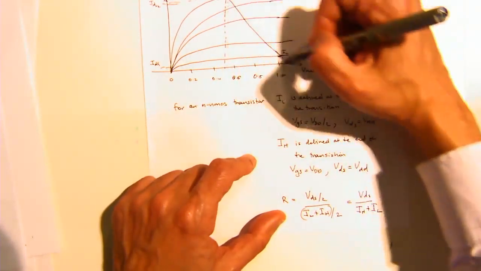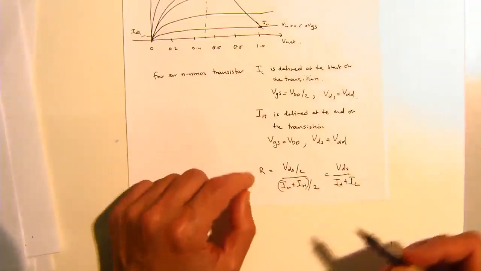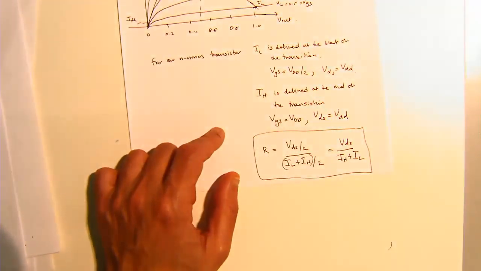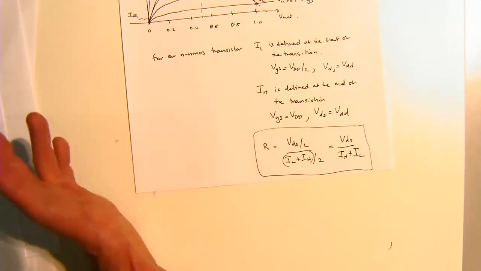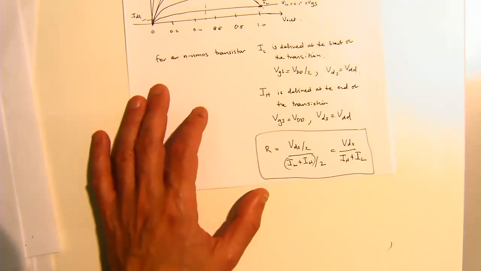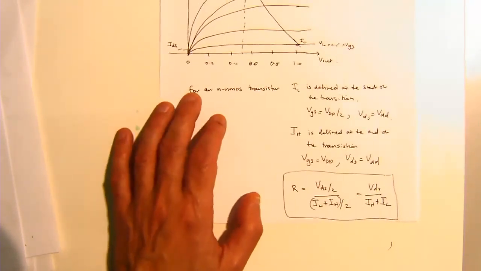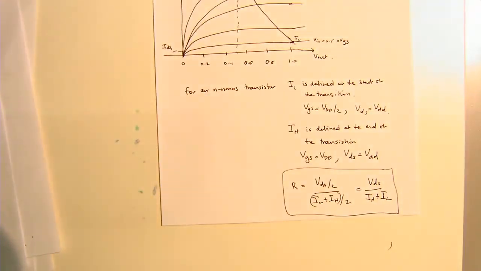What you can do is work out what that gradient is, and that will give you the effective resistance. So if I gave you your IDS versus VGS versus VDS graphs, you can work it out. Right, so maybe in a test or an exam I said to you, well, guess what?